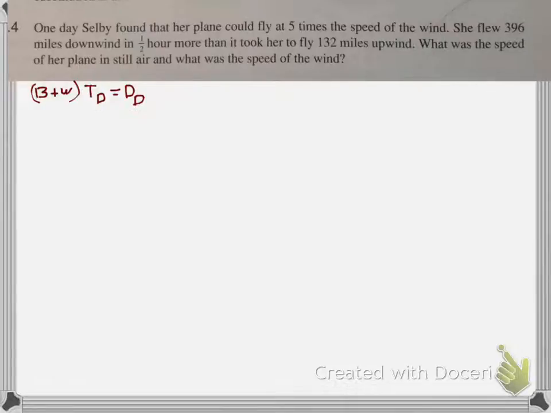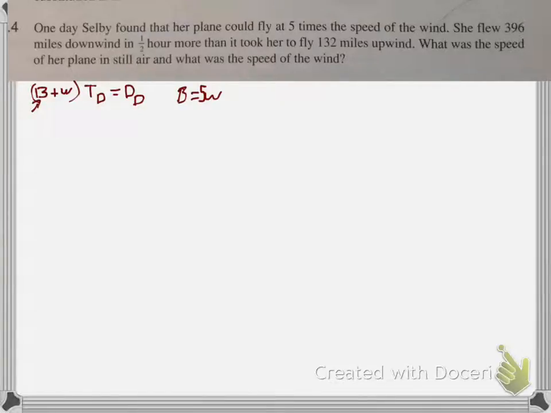Yes, we actually know how fast her plane is. How fast is her plane? 5 times the speed. It's the 5 times. Yeah, it's B does not equal the wind, right? The plane does not equal the wind. It's actually 5 times the wind. So could I place that there? Yeah.